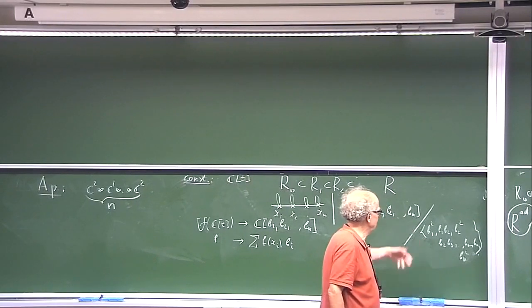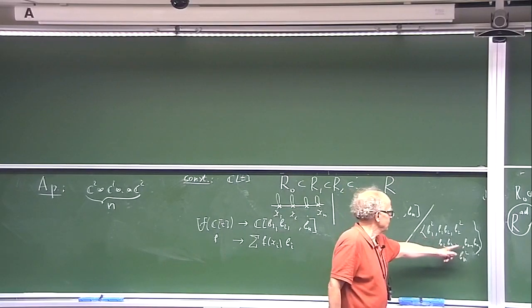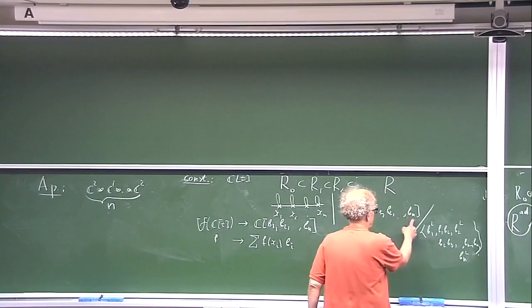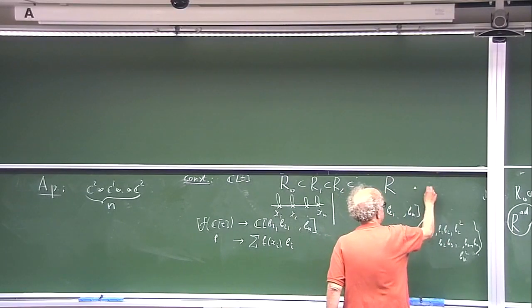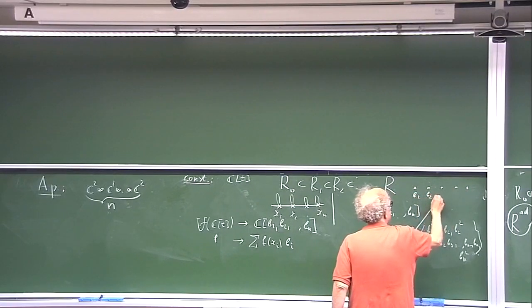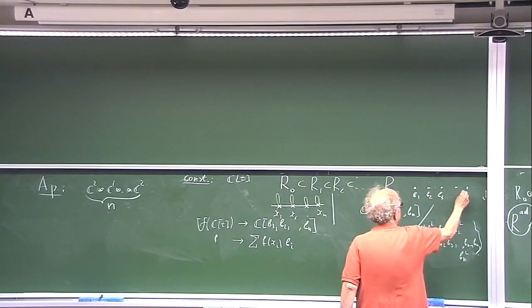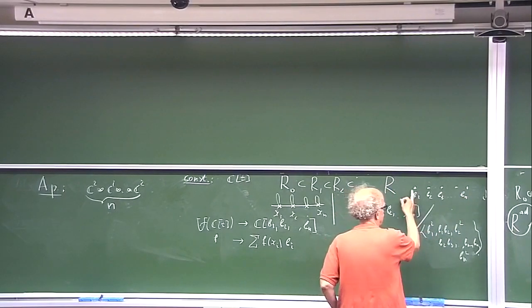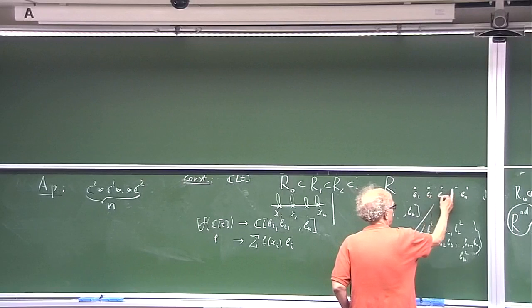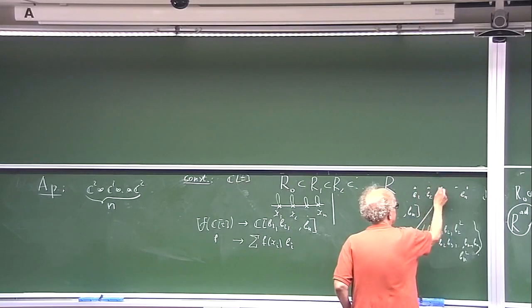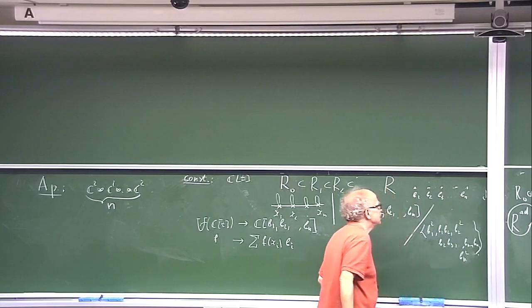And you see that this object is combinatorial. What does it mean? It means that I have an algebra generated by B1, B2, B3, and so on, Bn, and I factorize it by relations: the square of each of them is 0, and the product of these two, these two, and these two is also 0.